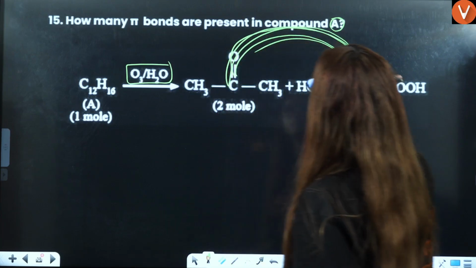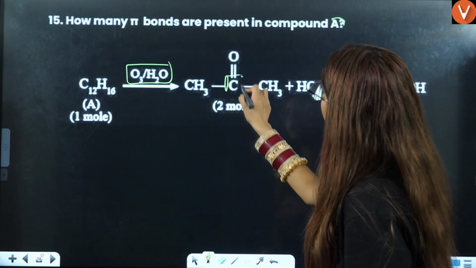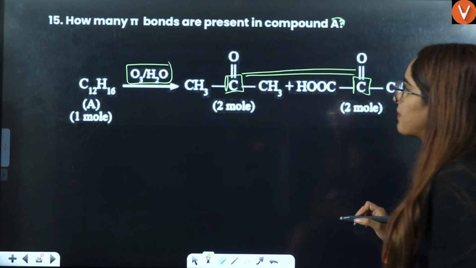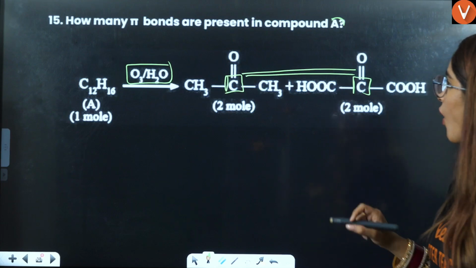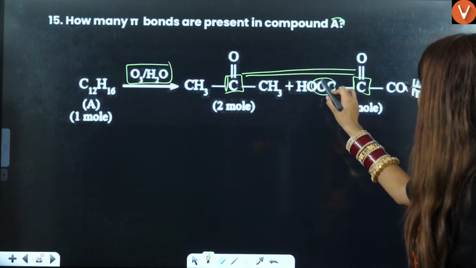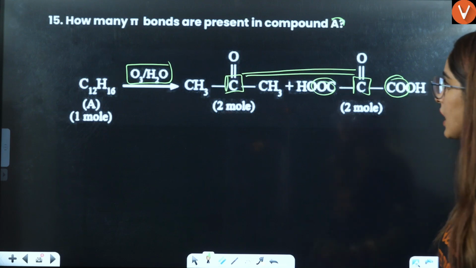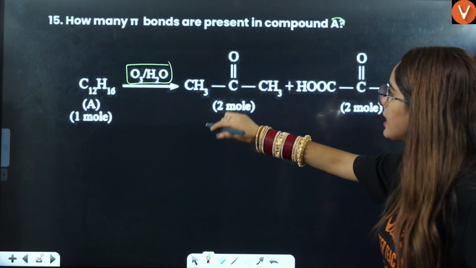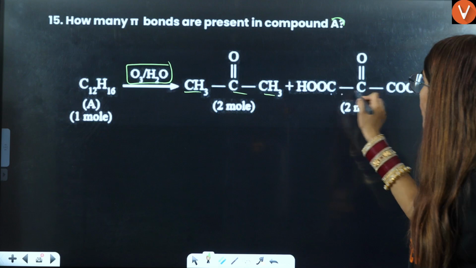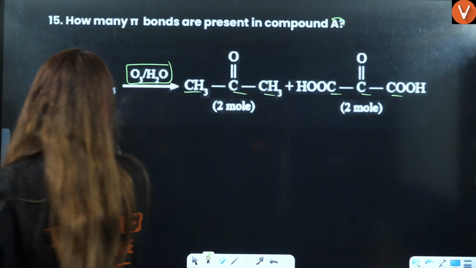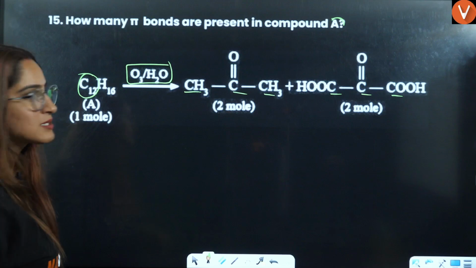So there must have been a double bond between this carbon and this carbon, which made this new thing. Already there is a double bond here, and already there is a double bond here. Now, as you can see, here it is 1, 2, 3, 4, 5, 6, total only 6 carbons. But initially you have total 12 carbons.